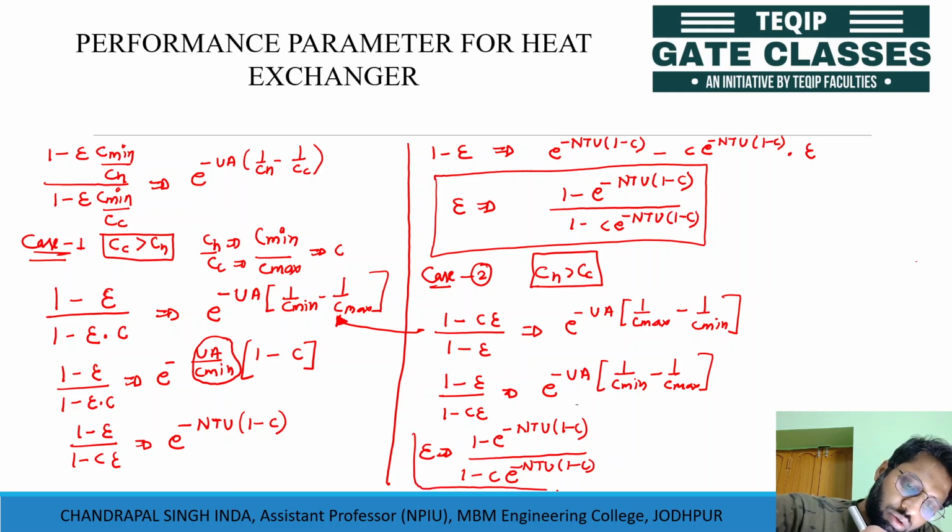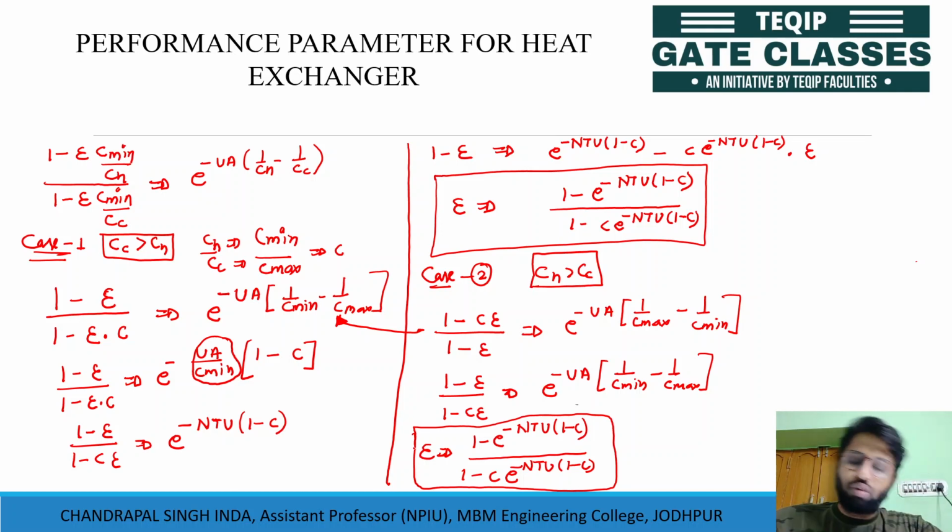So this is an expression for effectiveness of parallel flow, sorry, counterflow heat exchanger. So it is represented as the effectiveness of the counterflow, epsilon C.